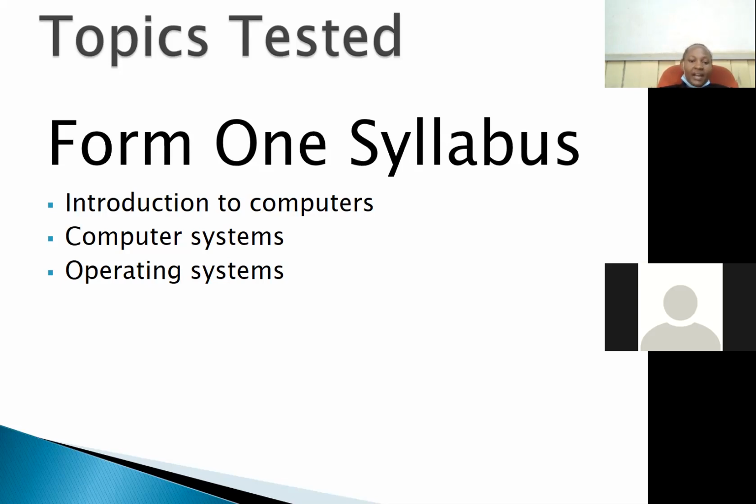Then next, we have the operating system, definition of the operating system, the resources under the operating system control. Again, we have the functions of the operating system. We have the classification of the operating system. We have how Windows organizes information, like the factors that determine how an operating system organizes information. Then from there, we move on to files. There's much about files. Then we move on to folders.